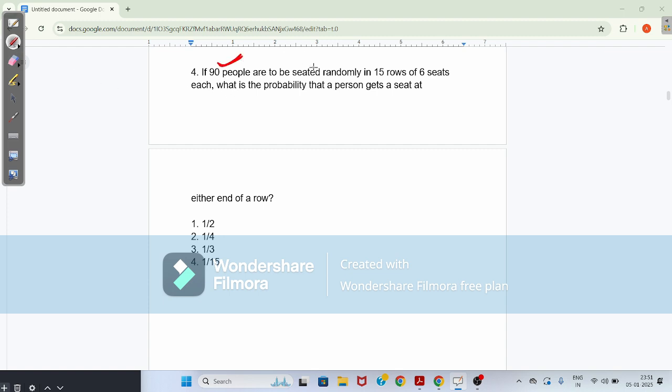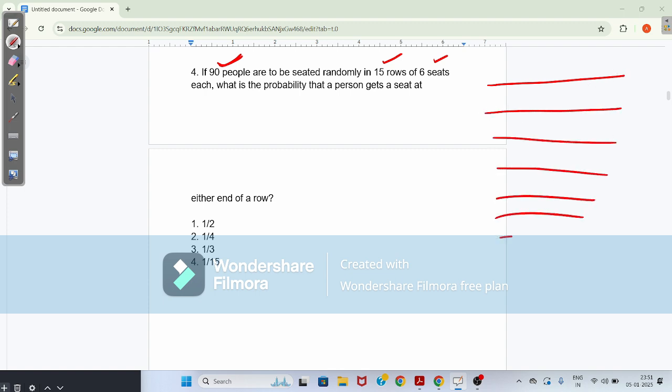Given here, 90 people are seated randomly in 15 rows of 6 seats, means 1, 2, 3, 4, up to 15 rows. How many seats are there? 1, 2, 3, 4, 5, 6. Now how many people are sitting at the end of the row? We have to consider this one and this one here.